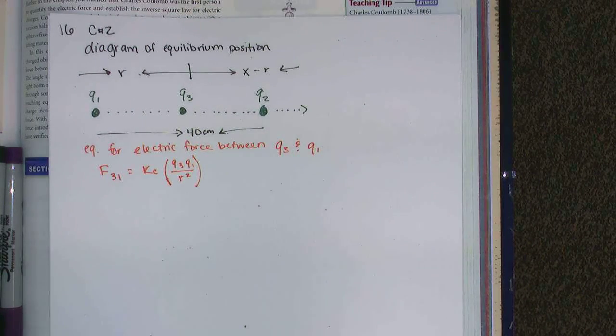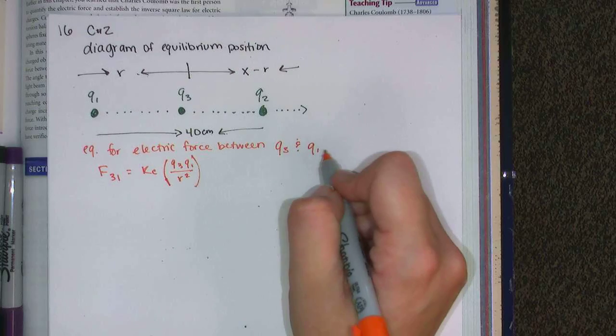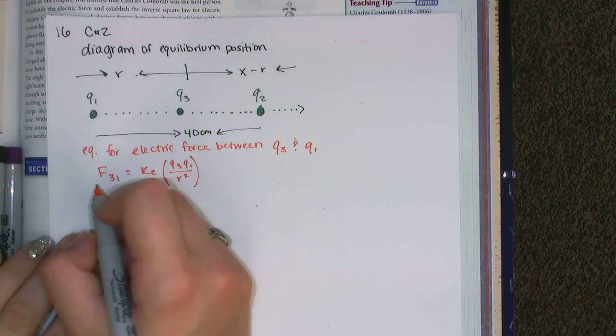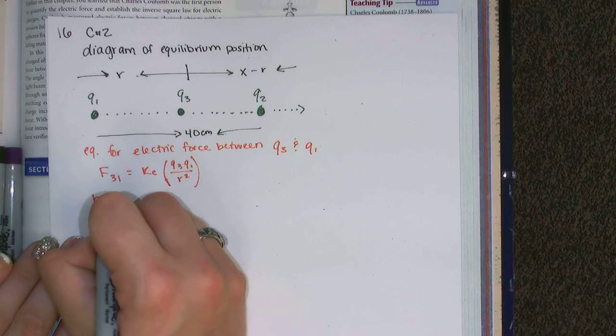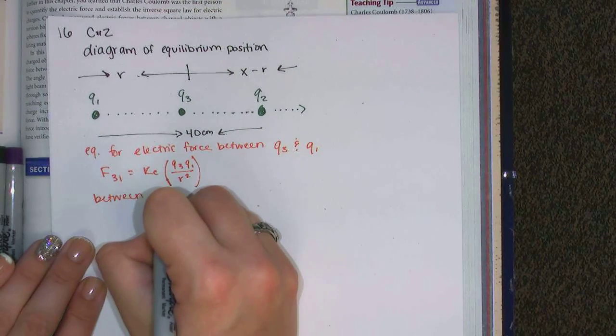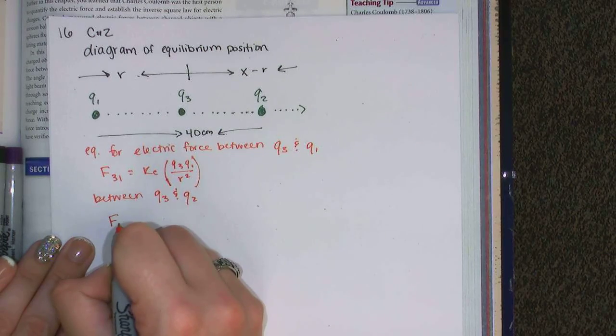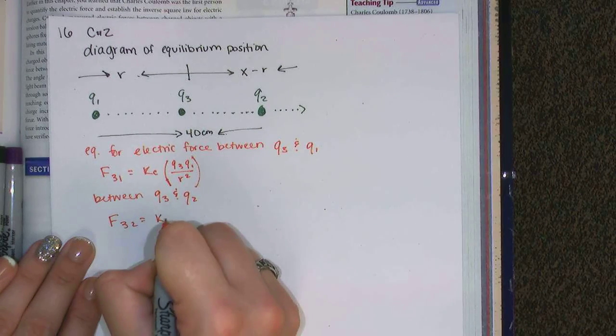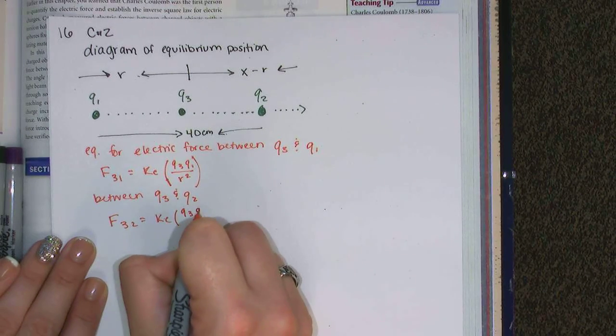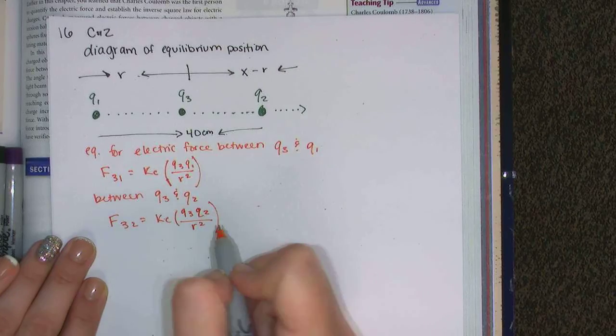And then between Q3 and Q2, F32 is equal to K sub C Q3 Q2 over R squared.